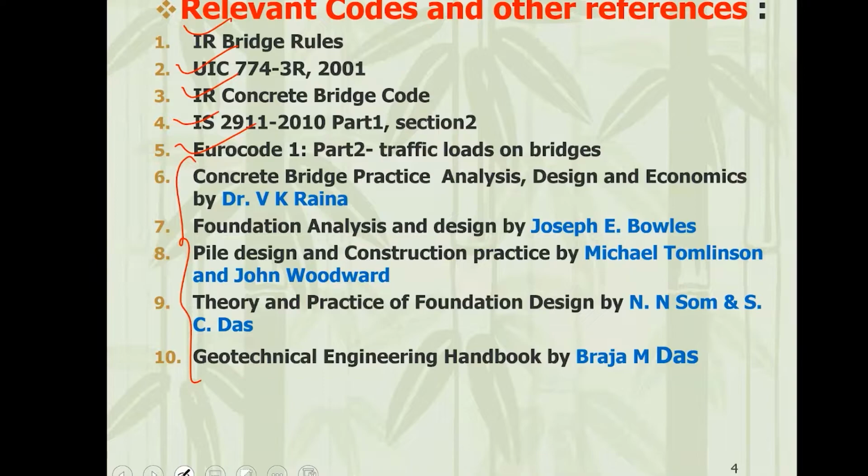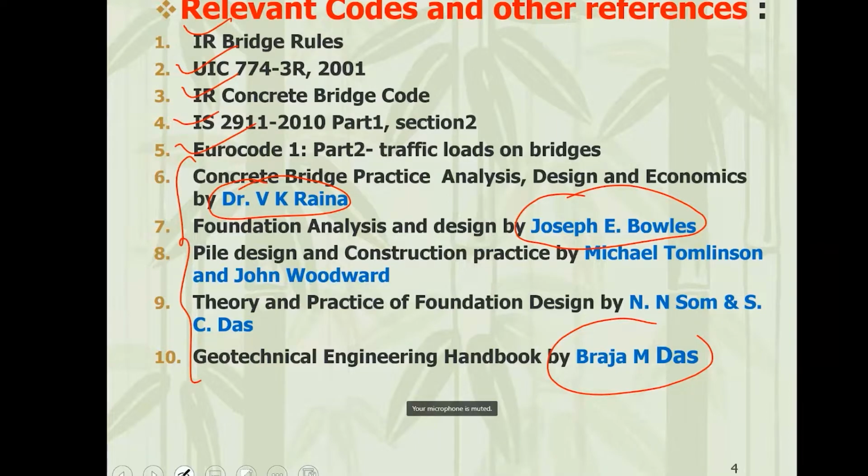If you go to this BS 114, this book is referred, this book is referred, and I think this book is also referred, for doing various calculations. So it's good to have these books in your library. Every design office should have all these books. The UIC code I am going to share with you; the rest of the things should be available with you. If you need the Euro code, I can share a copy with you too.